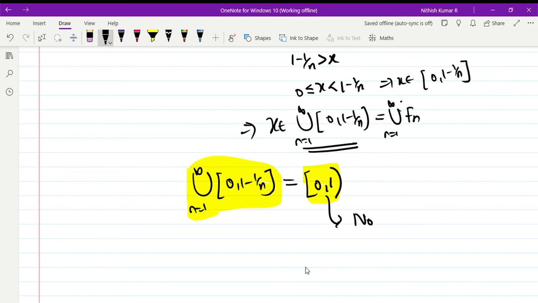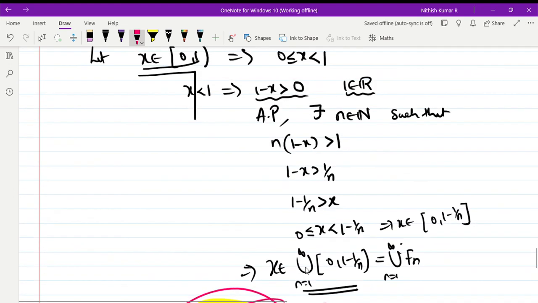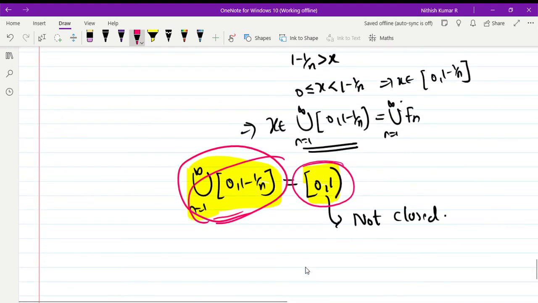Therefore an arbitrary union of closed sets need not be closed. Therefore in the definition we say a finite union of closed sets is closed. In the case of arbitrary unions, we got an example that an arbitrary union of closed sets is not closed. Hence this result. Thank you.